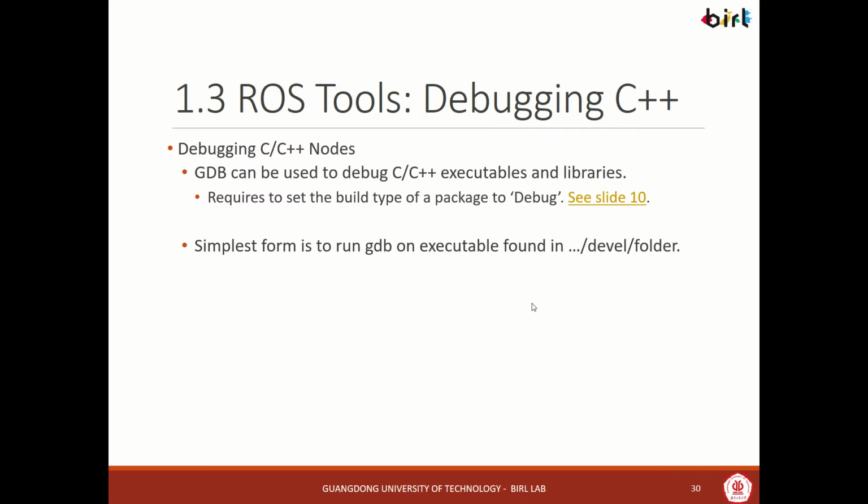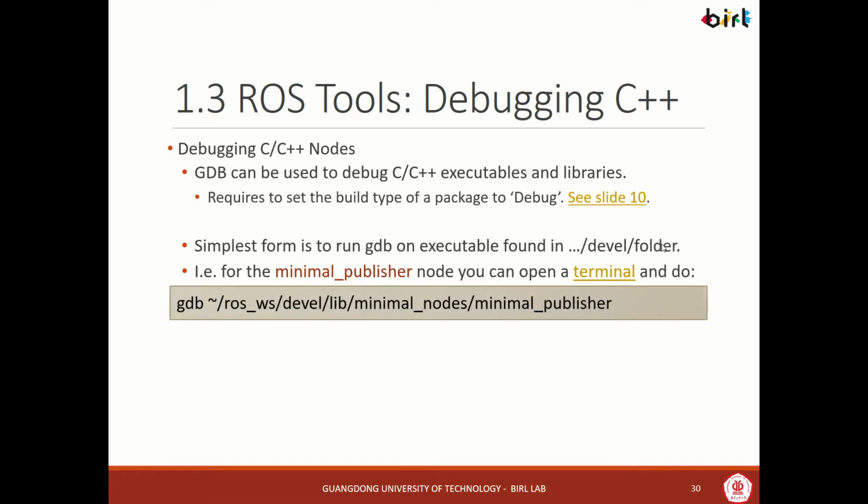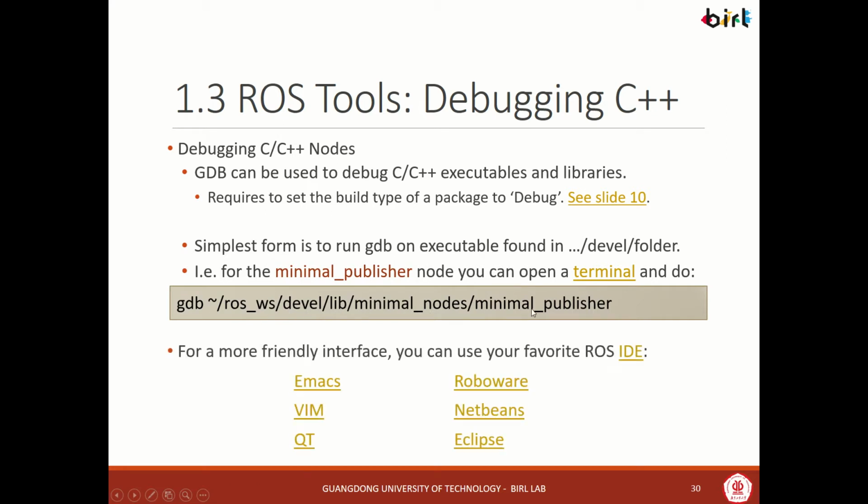But you want to run the publisher under debug mode. So the simplest form is to run GDB on the executable found in the devel minimal nodes folder. Okay, so we could do something like this: gdb, ROS workspace, devel, lib, minimal_nodes, minimal_publisher.